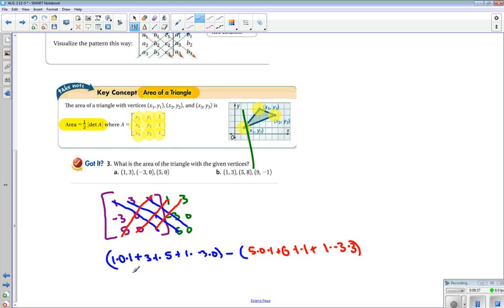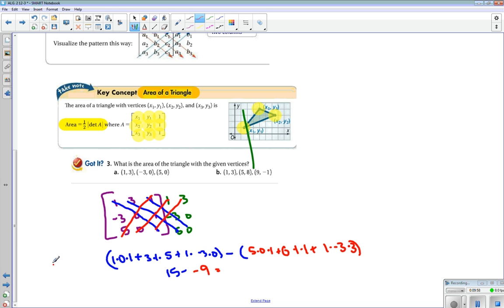All right, so this is 0 plus 15 plus 0. And 0 plus 0 plus -9. That's 15 minus -9.